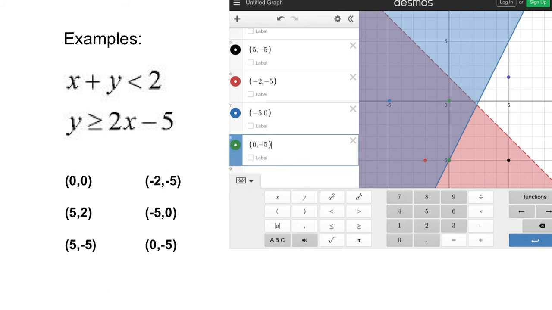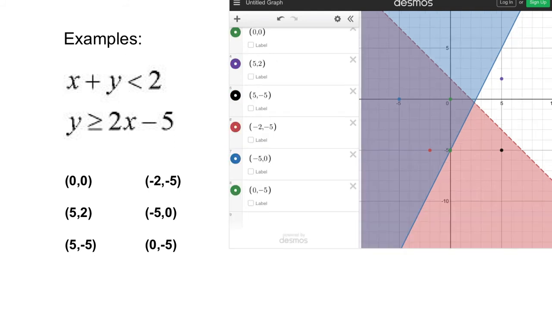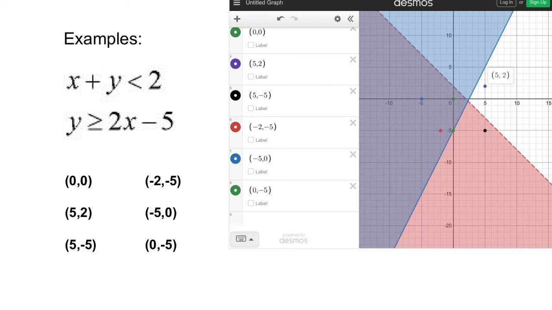Okay, there's all the points. From all of this, we can definitely see that there are some points that are not in the solution set, and then we've got some that are.